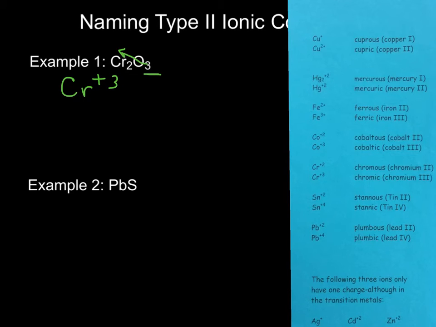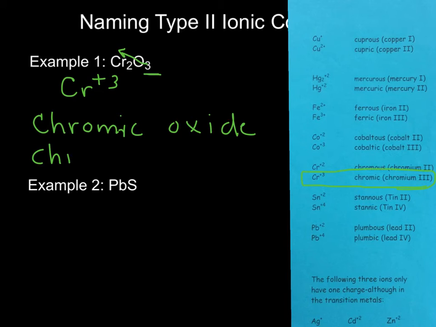So when we look at chromium plus 3 on our chart here, we see that we have chromium 3 or chromic. So we name this chromic oxide, or chromium 3 oxide.